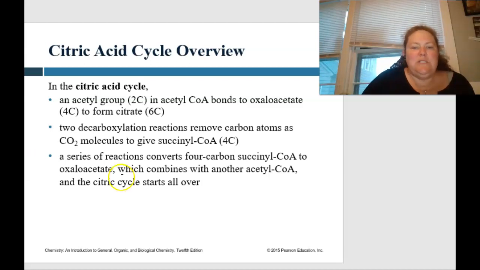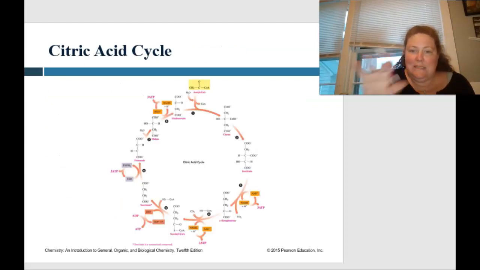And then a series of reactions convert 4-carbon succinyl-CoA to oxaloacetate, and this combines with another acetyl-CoA, and the citric acid cycle starts all over again. So it's referred to as a cycle, right? You can imagine it as a circle because it just keeps going round and round. And so you can see those are all the steps that we just talked about and how it keeps going and going.